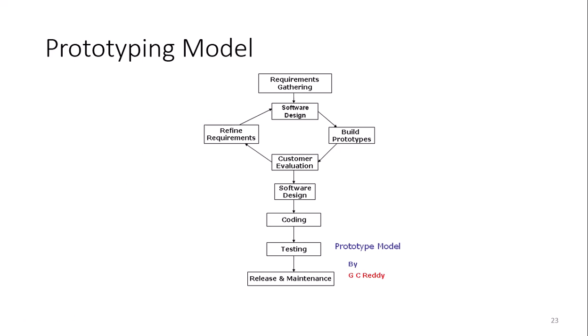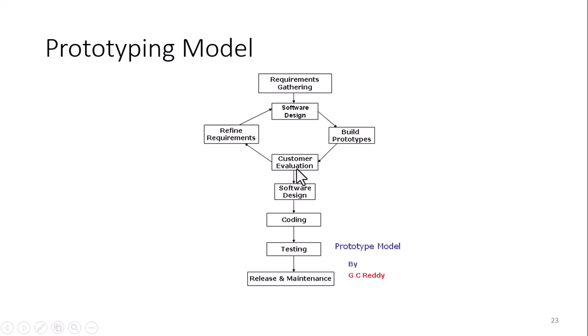Then you design prototypes rather than starting coding. You build prototypes, then you have the customer or users evaluate the prototype. If they agree and are satisfied, then you start coding based on that design.